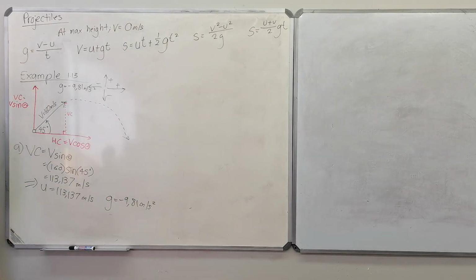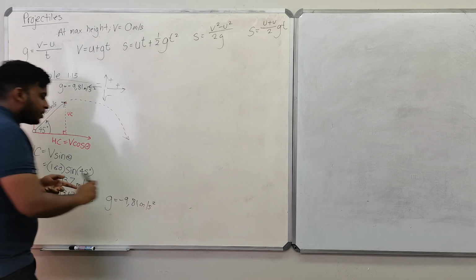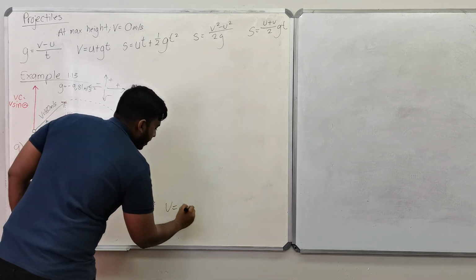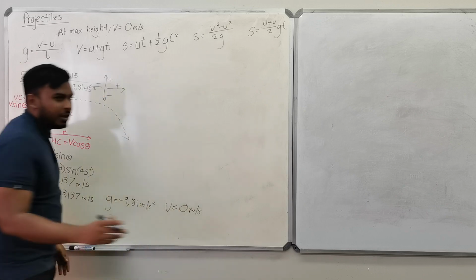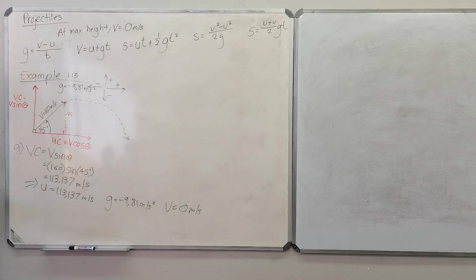What is the question? The maximum height. So your final velocity is 0 meters per second. Do we all understand how we got this information? Yes. That is all the information that was given to us.